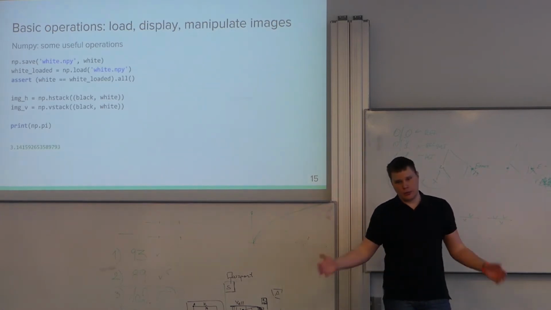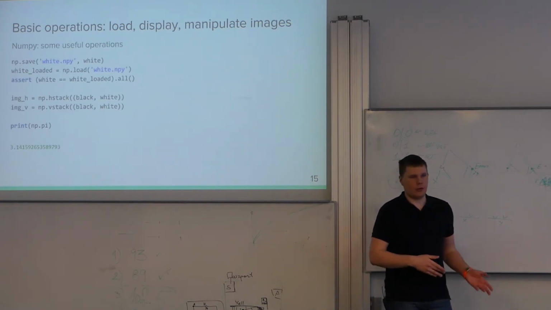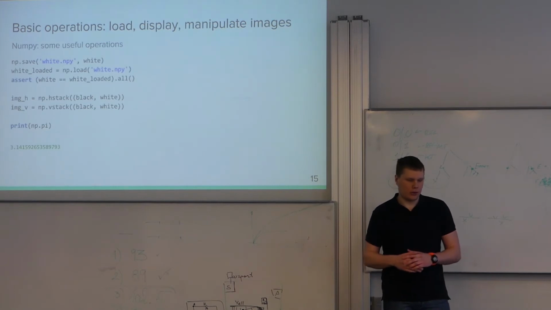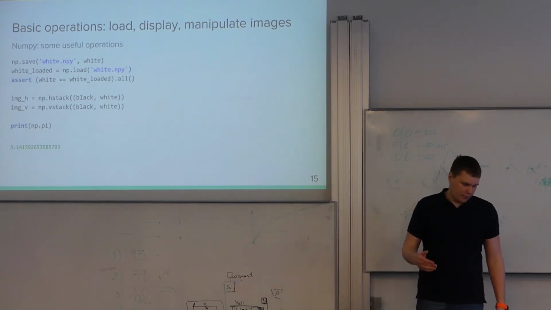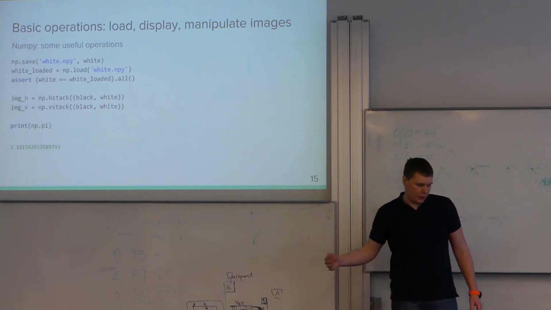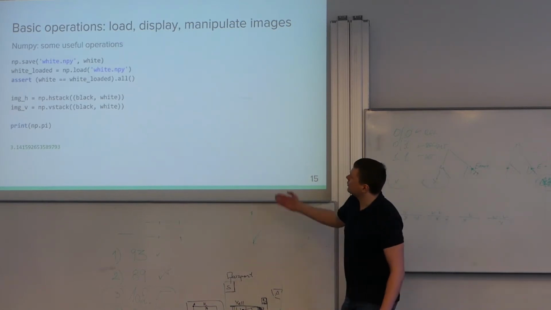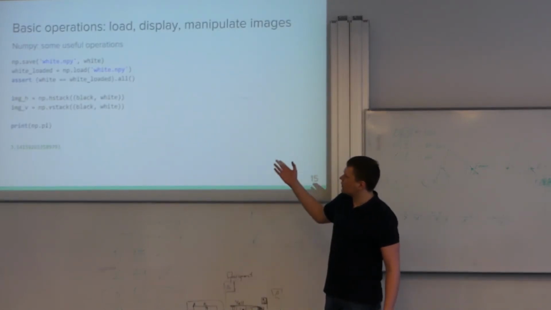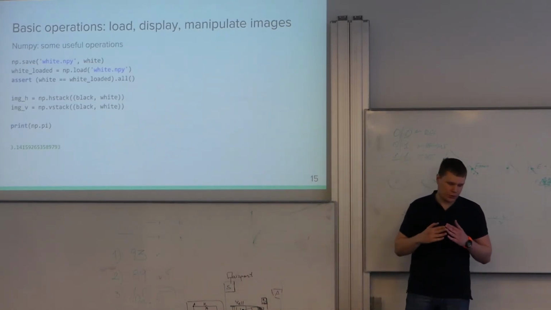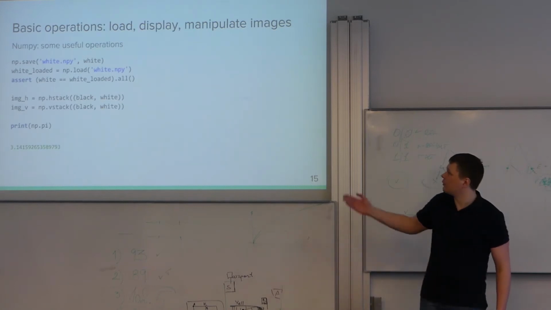It supports multi-dimensional tensors, and it's cross-platform. You can save on one operating system and load it on another. Also, you can easily load this back with np.load, and this simple sample shows how you can compare two arrays, two tensors, to check if they are equal or not.